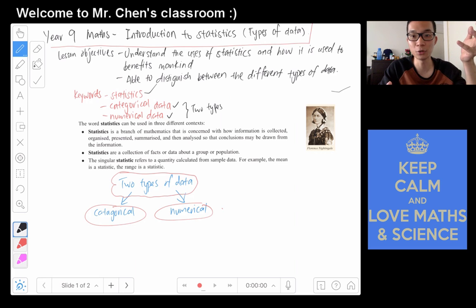It tells you what the weather is today, tomorrow, and the weather patterns for the whole year, etc.